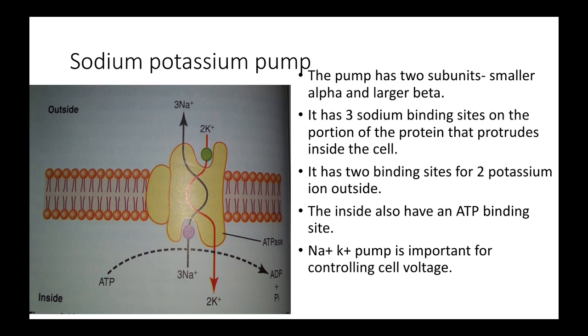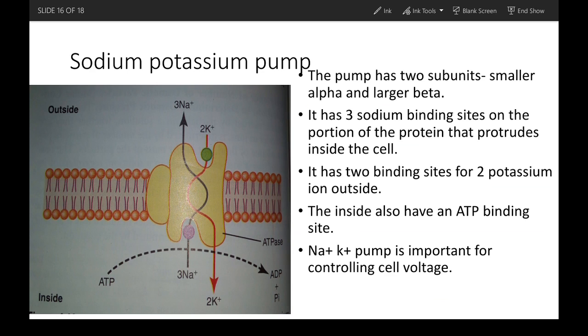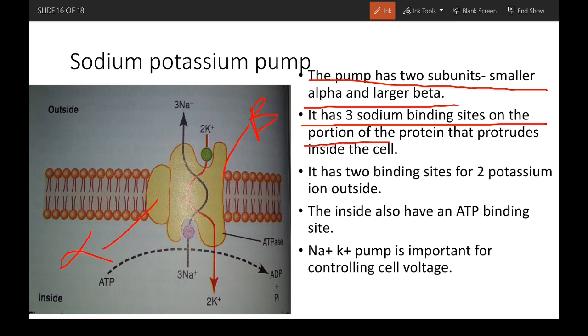Now the sodium potassium pump. As we see in this case, the pump has two subunits, the smaller alpha and the larger beta. This is the alpha subunit and this is the larger beta subunit. It has 3 sodium binding sites on the portion of the protein that protrudes inside the cell.